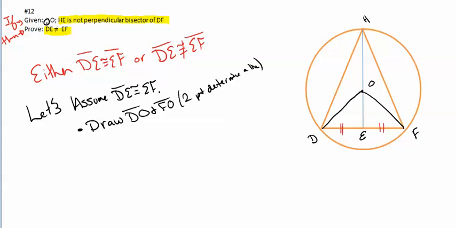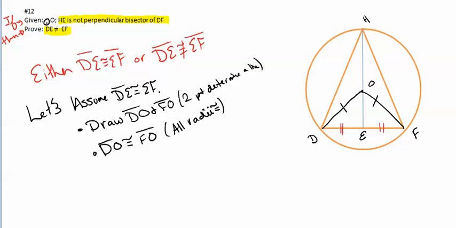And the reason why we chose those is because those land right on the outskirts of the circle from the radii. And what we do know about that is that all radii are congruent. Therefore, DO will be congruent to FO, again, because of all radii being congruent.